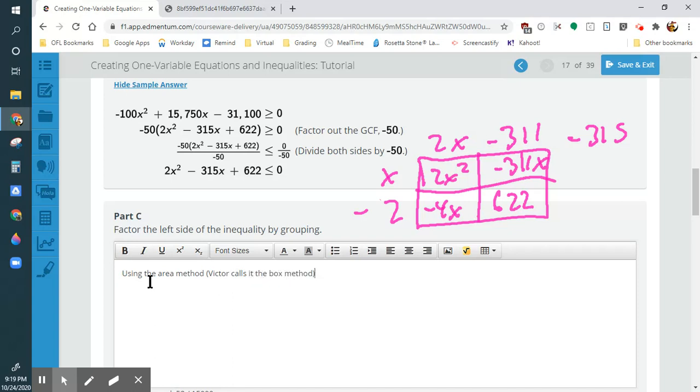I didn't realize this was called the area method until way after I'd been calling it the box method for a long time. We get the factors as 2x minus 311 and x minus 2.